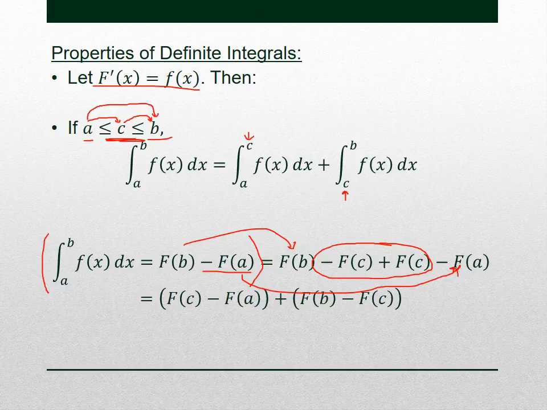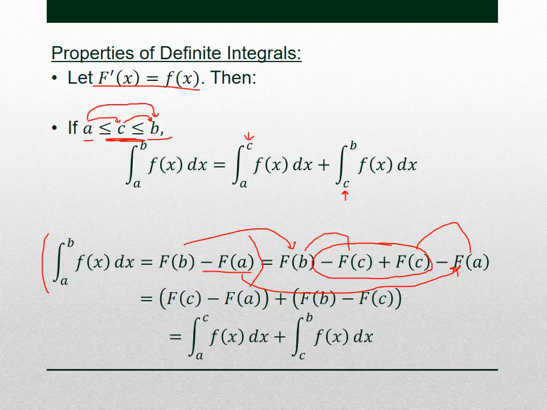And then just rearranging my terms, I can take f of c minus f of a plus f of b minus f of c. And working backwards with the fundamental theorem of calculus, I get exactly what I have at the top, where it's the integral from a to c plus the integral from c to b. So we can always break up our integrals in this way.